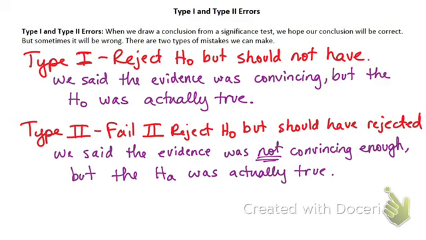Good job. But what if we fail to reject the null hypothesis, but the alternative was what was true? Type 2. That's a type 2. In this situation, we said they weren't guilty, and they murdered the person. Sad, right? All right. This is where OJ lives. So, type 2 error goes right there.